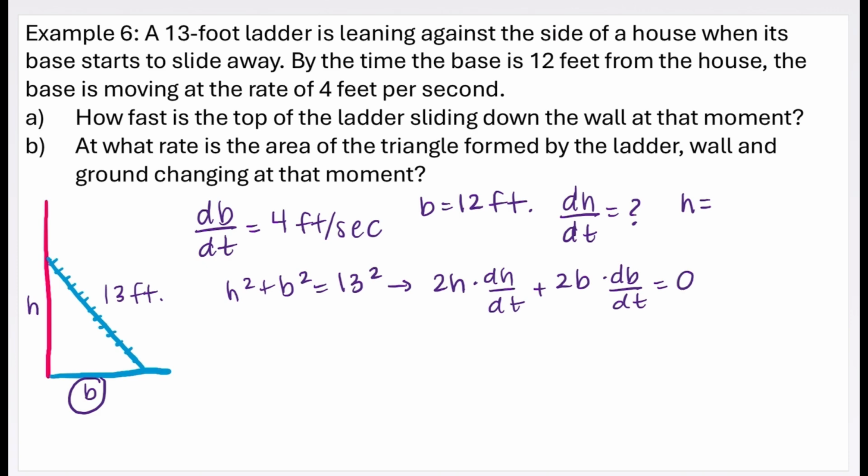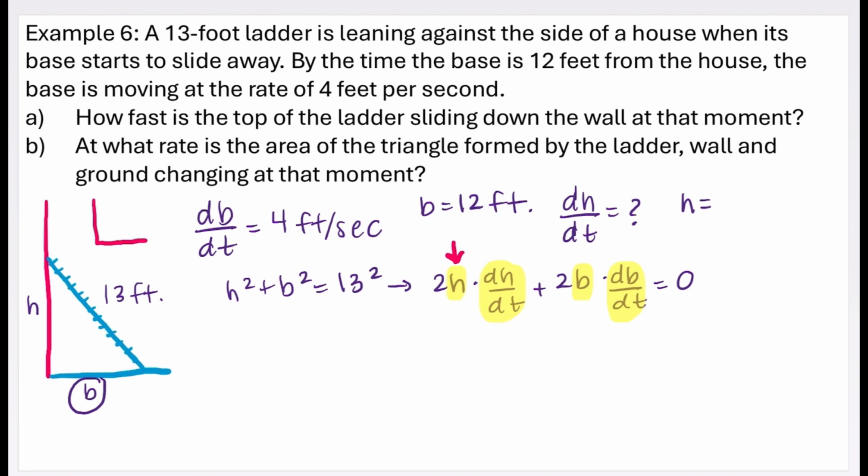Now I already know what b is and what dB/dt is, but I don't currently know what h is, and then I'm looking for dH/dt. So I need to figure out what h is, and I can do that by using the triangle at that one particular moment in time.